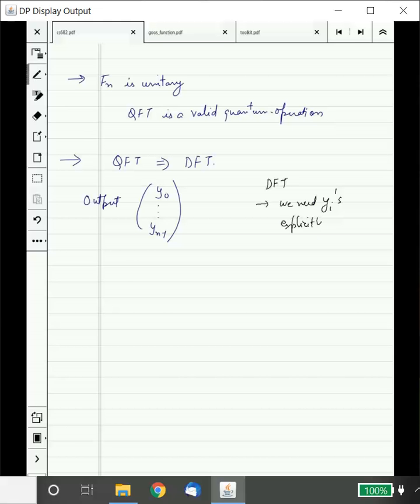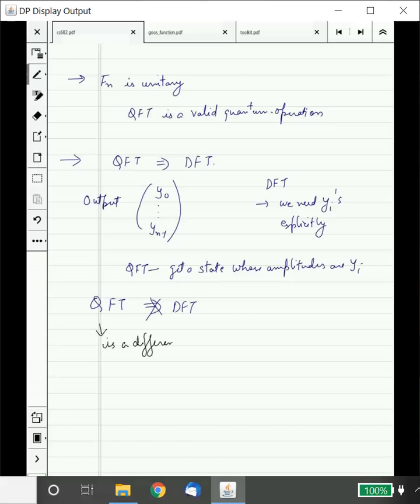In QFT, we get a state whose amplitudes are y. And if we measure them now, we will not get the yi's. That shows that actually QFT does not give you DFT. It's a different problem in hand. QFT is a different problem than DFT, though it has a similar flavor and it is useful in many cases.